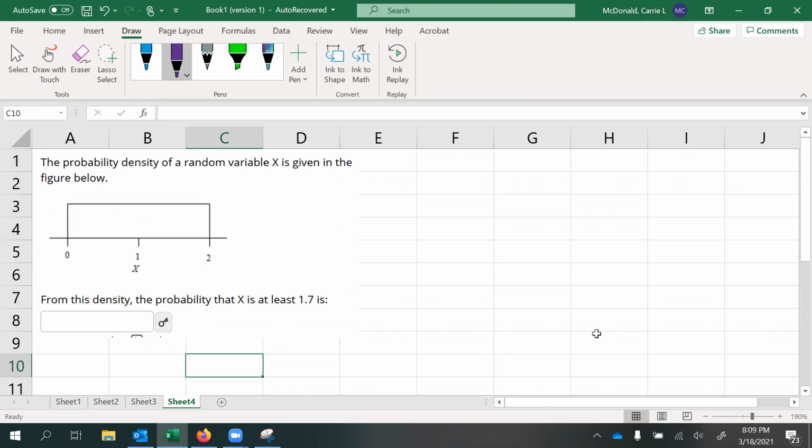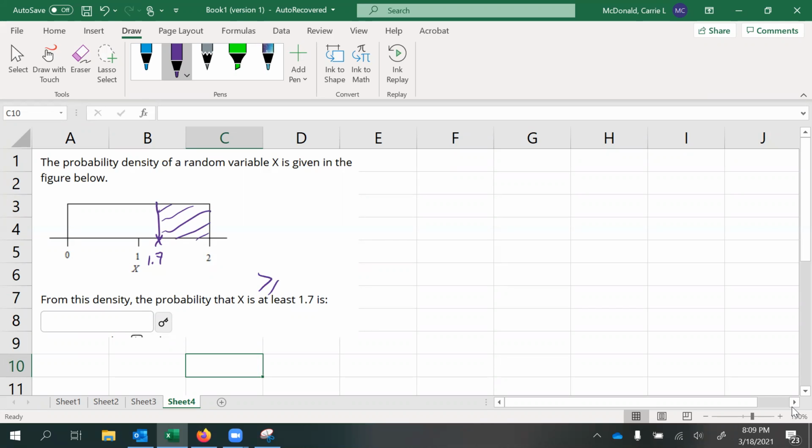So we are going to find 1.7 on the x-axis, which is roughly right about here. And then we will draw a line up to the density curve, and it says at least 1.7. So at least means greater than or equal. So we are shading to the right, and we want to find the area of this rectangle, the shaded region.